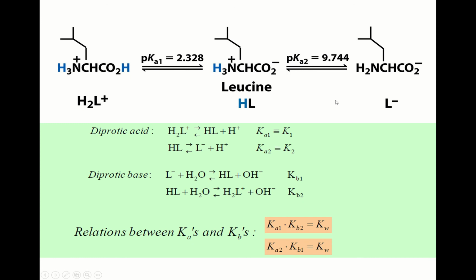Now let's consider how one amino acid, leucine, dissociates in aqueous solution. This is the neutral form of leucine, and the substituent group is this one. When the solution becomes quite acidic, it is protonated.